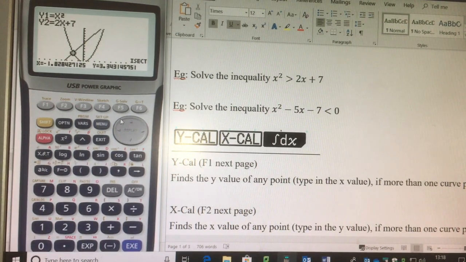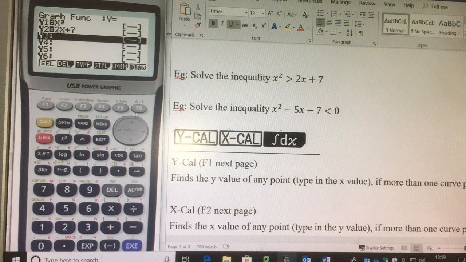So it's going to be when x is less than that value, minus 1.8, because you can see the quadratic is above the line. And for the other value, that is when x will be greater than 3.82. So you could solve it by plotting two different graphs and just looking at when one is greater than the other.